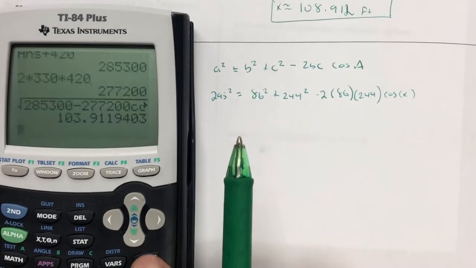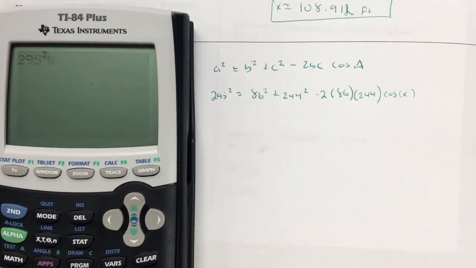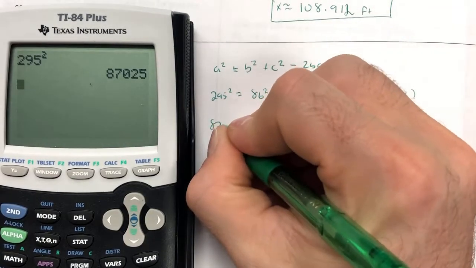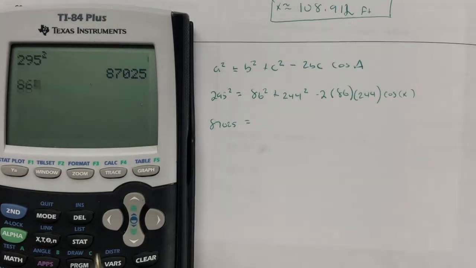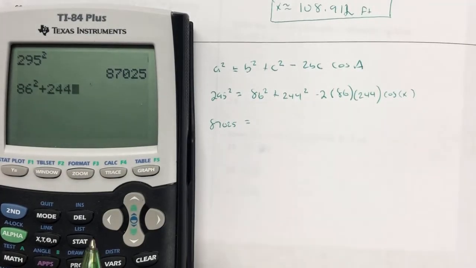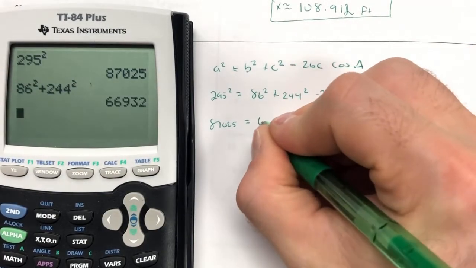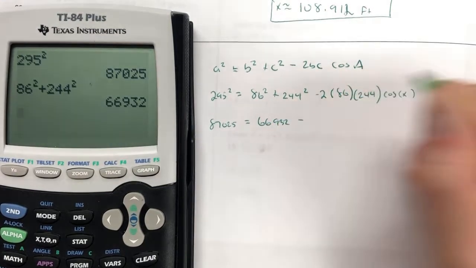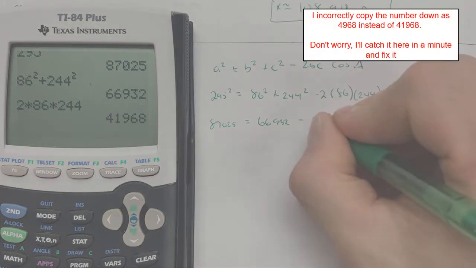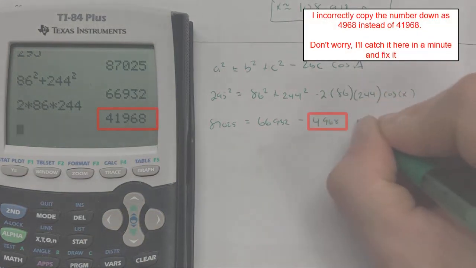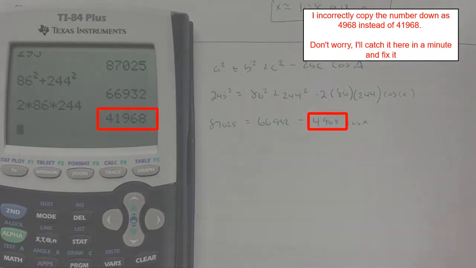Okay, clear all this. 295 squared is 87,025. 86 squared plus 244 squared gives me 66,932. 2 times 86 times 244 is 41968 cosine of x. First step is I'm going to subtract that.